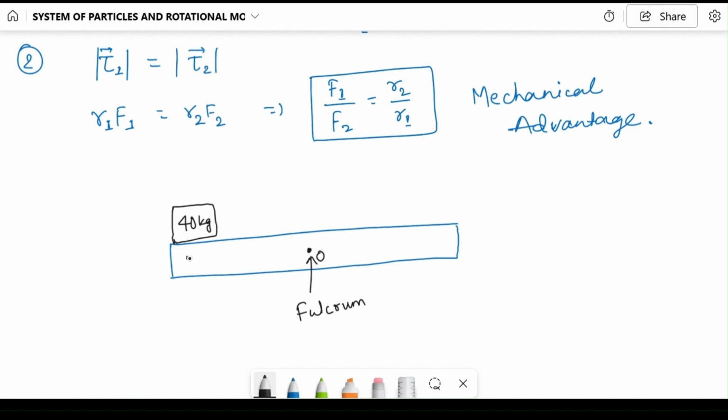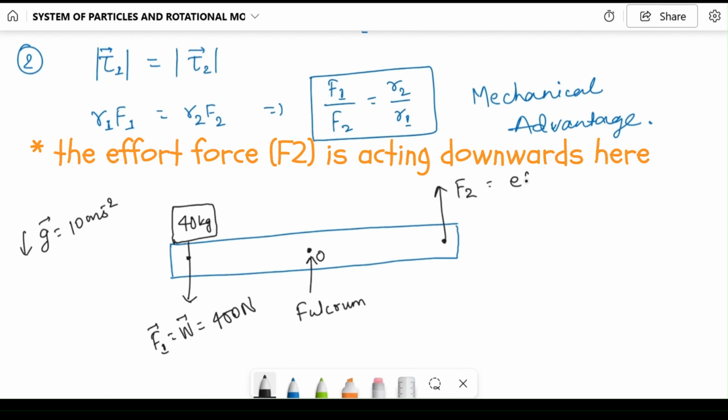At this point, due to this mass, there will be weight, and this weight will be a force, let's say F1, downward, which is the weight of this body, and this will be 40 into 10 Newton, if we take g equal to 10 meter per second squared, downward. Now we want to keep this body stable, so we have to apply, let's say, F2, which is the effort, and this is the load. In the case of a lever, which is a simple machine, an ideal lever is massless.